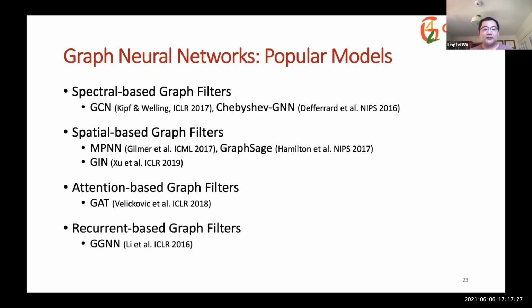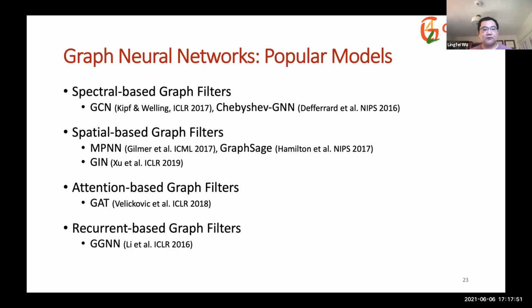Okay, so now let's go to more advanced models. These are all the popular models in the graph neural nets domain today. Based on the type of graph filter, we divide them into four different groups. The first group is the spectrum-based graph filter, and the representative method is GCN, the graph convolutional network.